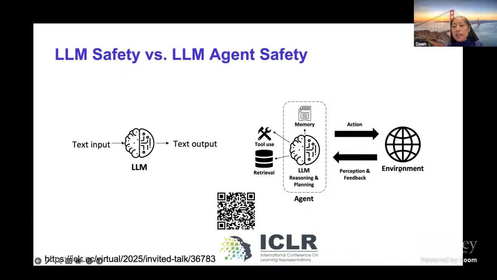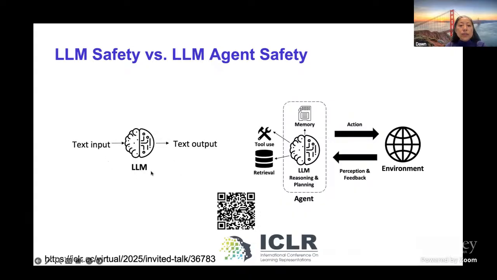And then the action will take place on the external environment, and then the environment can provide feedback. So overall, as you can see, the agent system is much more complex than the simple chatbot example, where the LLM is mainly used to take text inputs, or sometimes multi-modal inputs, and produce the outputs.